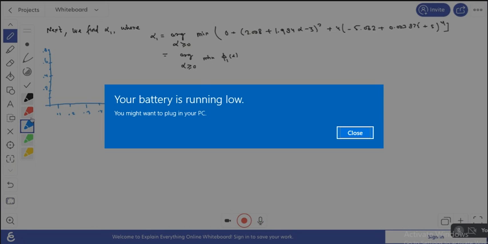Okay, and now we draw this function, phi 1 alpha, versus alpha, and this is your graph of phi 1 alpha versus alpha. So this function has this type of behavior.